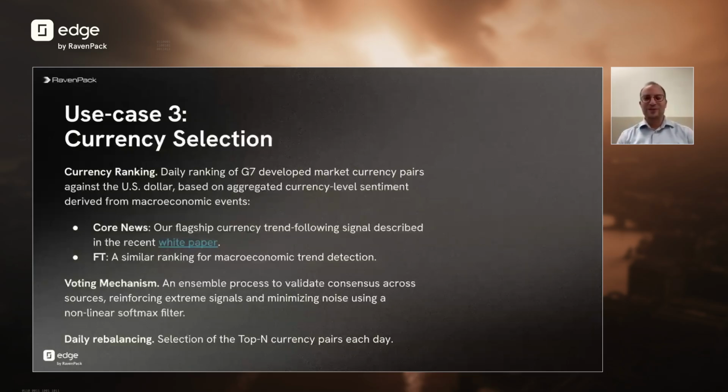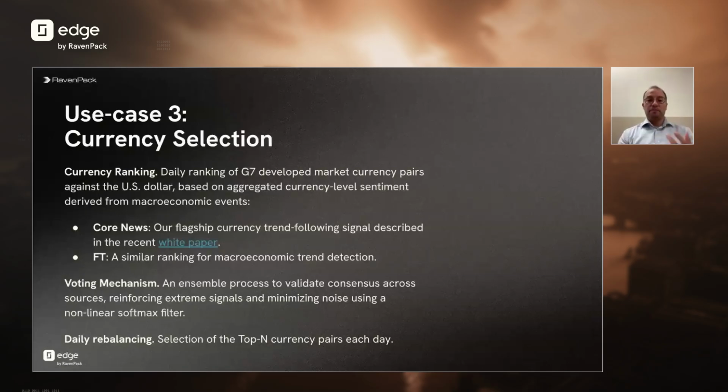We'd also like to refer to our flagship currency trend following signal that has also been described in a previous paper. And then we create a similar ranking for the Financial Times, also across macro news, to detect macro trends. We then apply a voting mechanism.